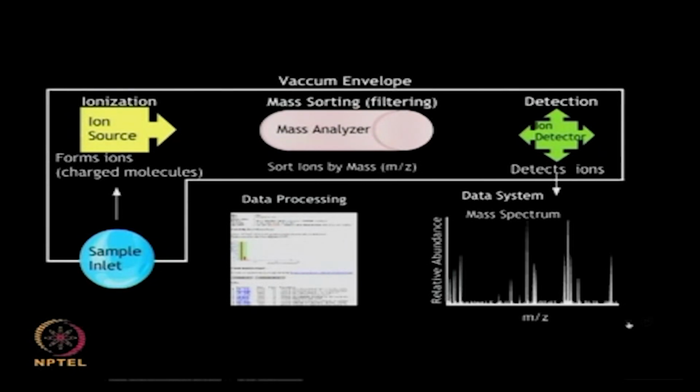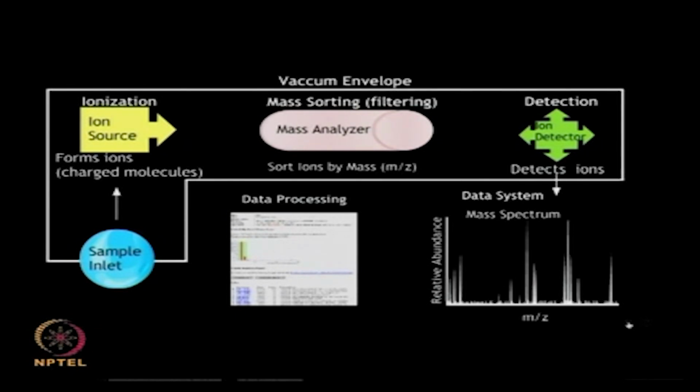The various components involved in a mass spectrometry experiment are shown here, starting from the sample inlet, the ionization source, mass analyzer, detector, and then data analysis and data processing.